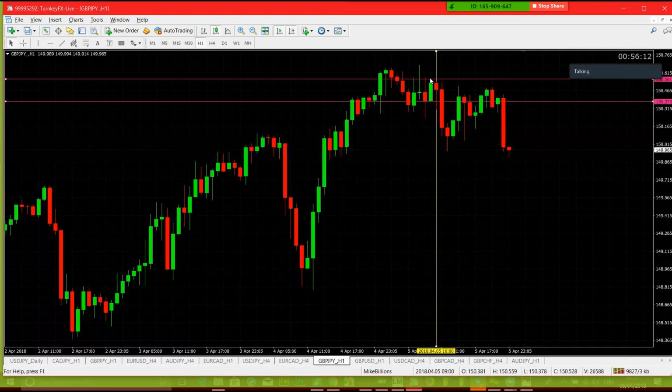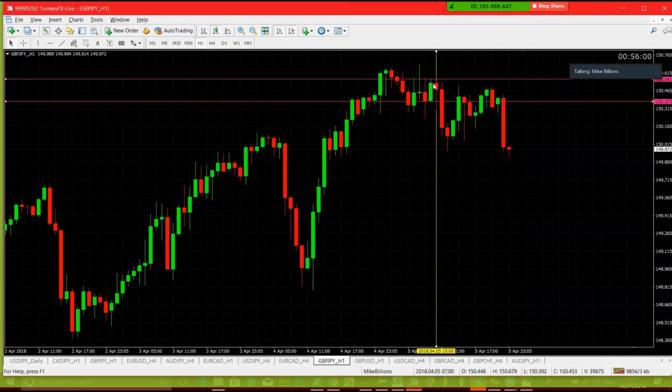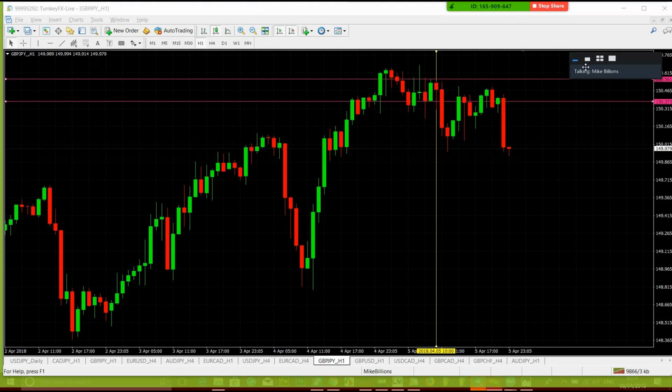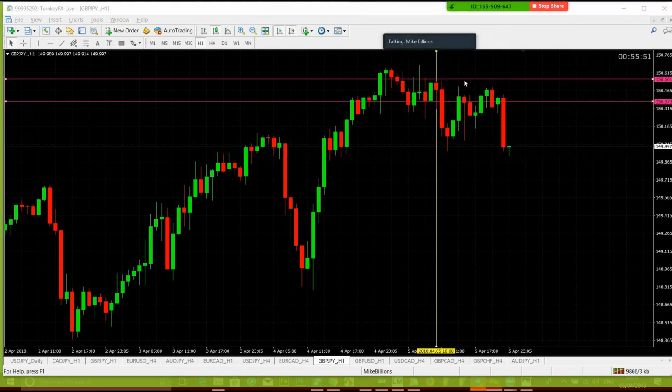I could do my stop loss on either side. If you're doing your sell stop, your stop loss would be your resistance, meaning the number on your resistance line. For this one, it's 150,561.